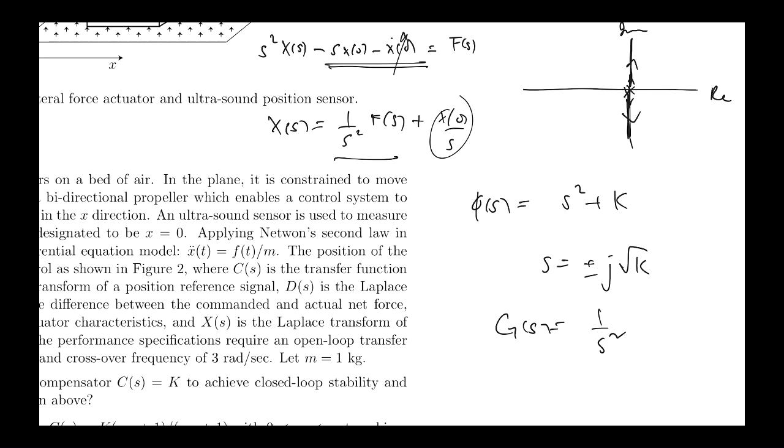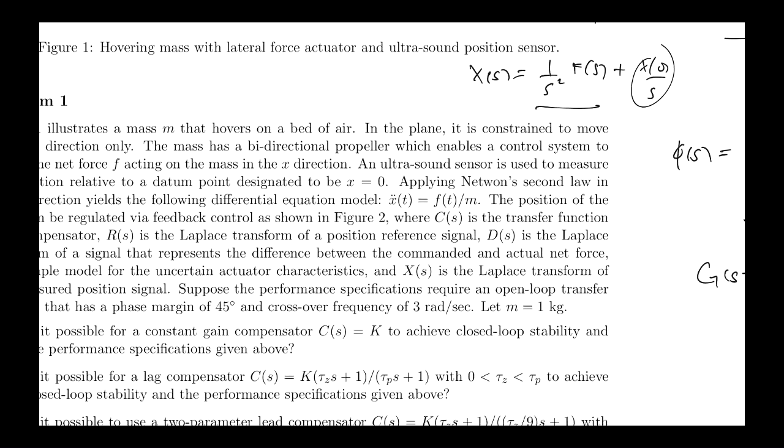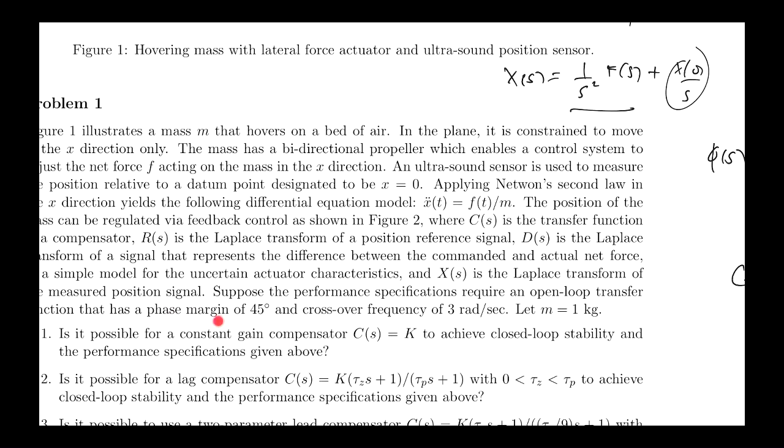That's consistent with the roots of the characteristic polynomial always being on the imaginary axis. For any value of k, you get two closed loop poles, at plus j root k and minus j root k. So we can't stabilise the system, so we certainly can't satisfy these performance specifications, because these are only meaningful if we have a stable closed loop.